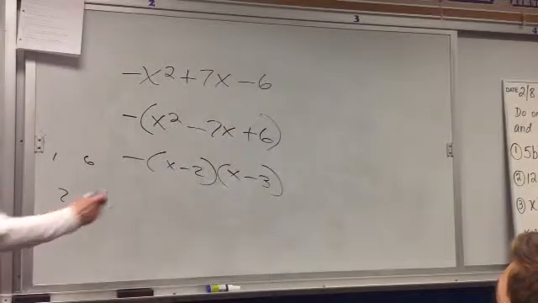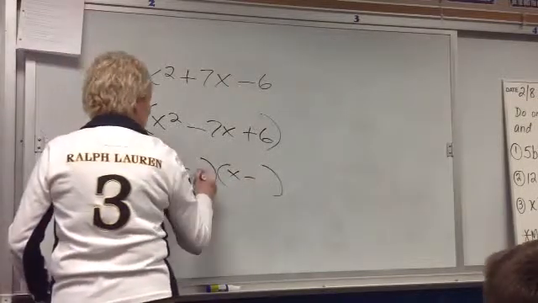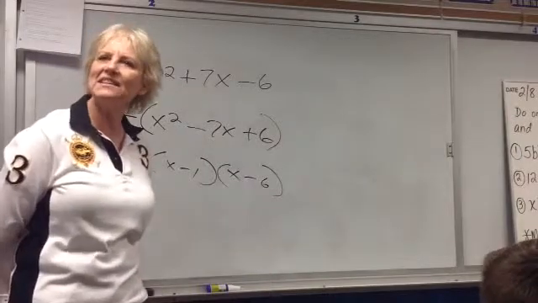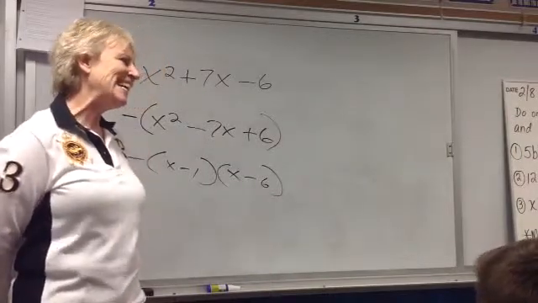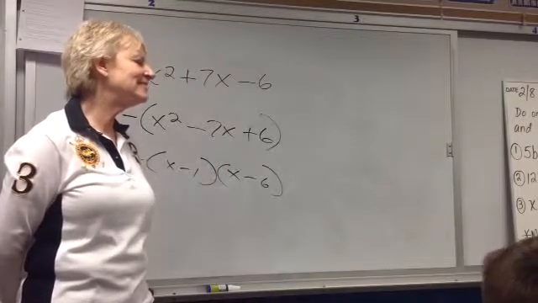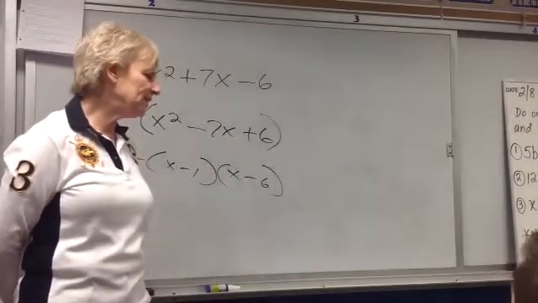Oh, it's not 2 and 3. It's 1 and 6. Always when I film, I screw up. I did it mentally. I had plus instead of minus. I didn't do that middle step. I don't care. I want to see it.